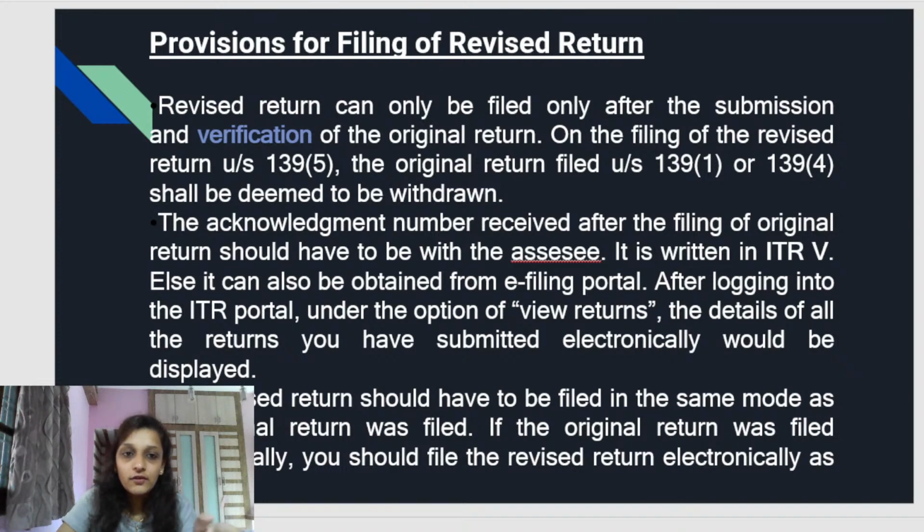Then selection of status is to be done to proceed further, like individual, HUF or others. Once you have selected the status as an individual, you can click on continue. Then you need to choose the correct ITR form to proceed. Is it ITR 1, 2, 3 or 4? Once you have selected that, you can click on continue.